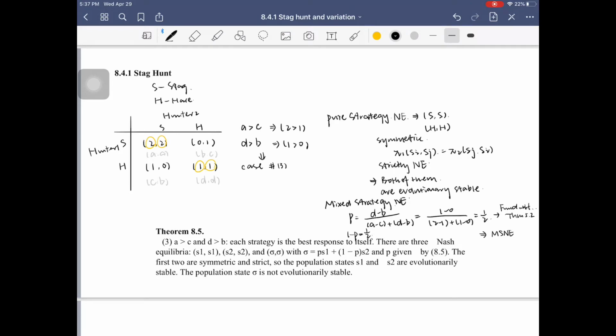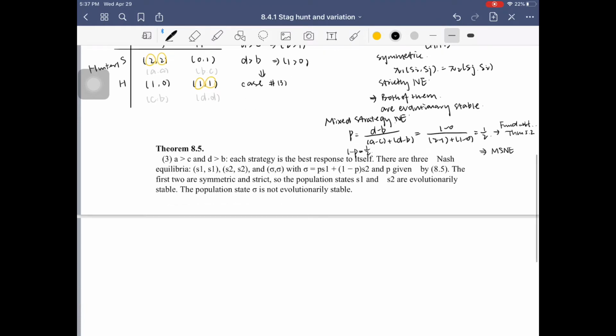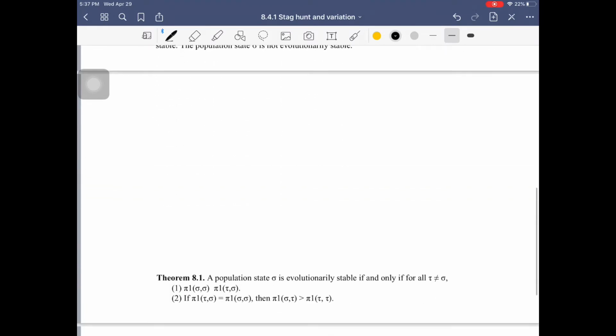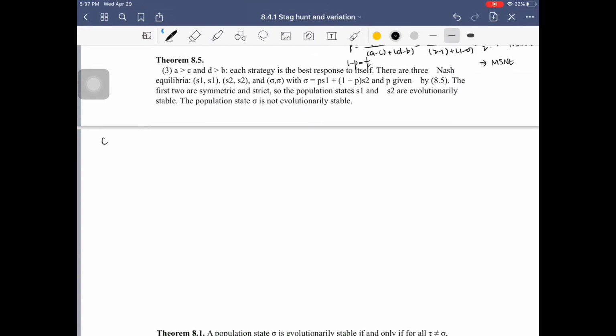So after we check this, the next thing we will do is to check if this mixed strategy Nash equilibrium is evolutionarily stable or not. So let's check the evolutionary stability of the mixed strategy Nash equilibrium.